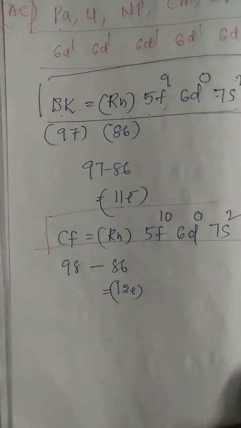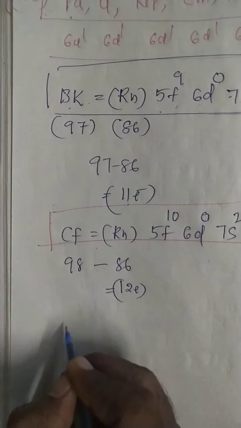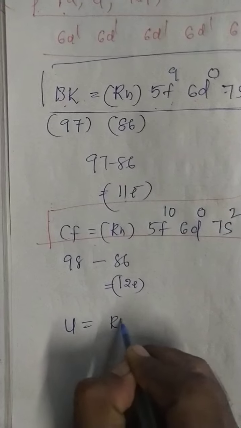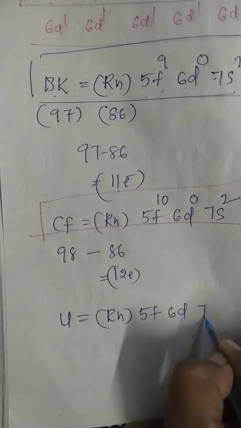So this is the electronic configuration of californium. Now we will discuss exceptional elements. What is an exceptional element? Uranium. Now uranium, radon 5f 6d 7s.